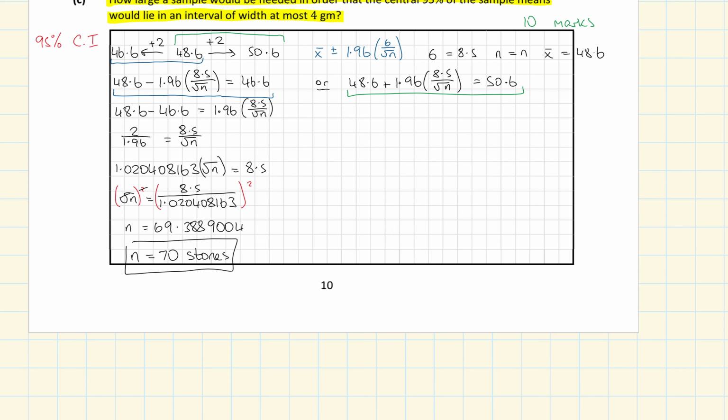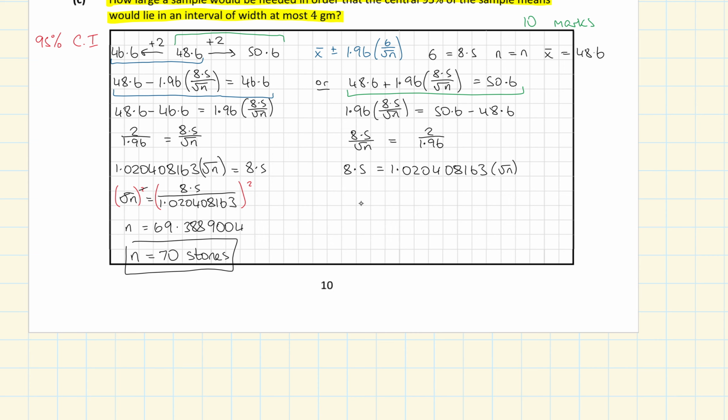And then here we'll run the right hand side. We'll get the same answer again. So I'll bring my 48.6 over. So we'll get 8.5 over root n is going to equal 2 divided by 1.96. You'd see here same set of figures now. So we'll have 8.5. We're going to multiply across by root n. This into your calculator gives you 1.020408163 times root n.